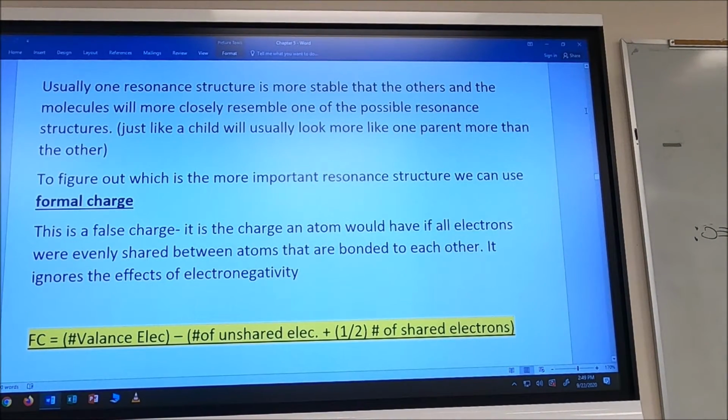Okay, formal charge is a false charge, and what we're doing is we're calculating what the charge of an atom would be if all of the electrons were evenly shared in every bond. Okay? And we ignore electronegativity effects.